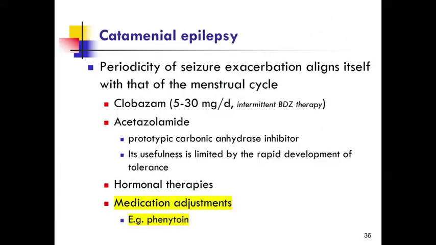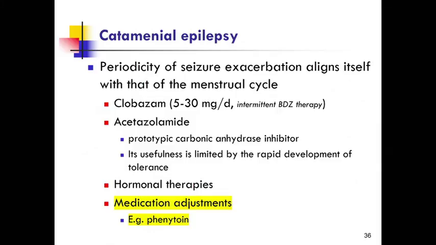Then one interesting thing for phenytoin. If a patient is on phenytoin and having catamenial seizures, it's very likely the result of a reduction in the plasma levels of the phenytoin. Now, they have found that the enzymes that metabolize phenytoin are the same enzymes that metabolize progesterone and estrogen.